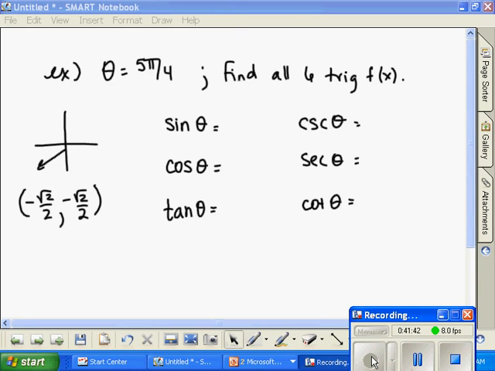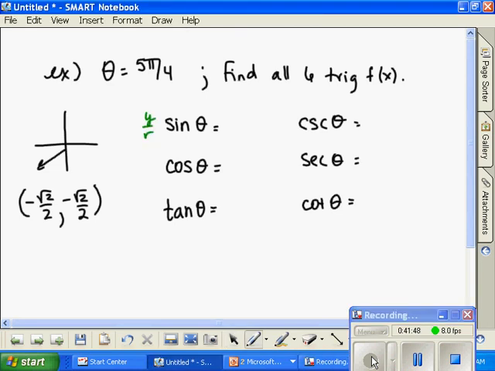Okay. You should have taken a couple minutes to see if you can figure this out on your own. What's the definition of sine? Y over r, which we know that r really is 1. So my answer for sine theta would be negative root 2 over 2. What about cosine? What's the definition of cosine? X over r.